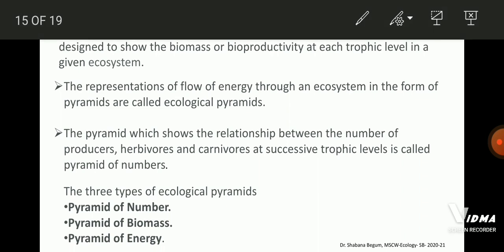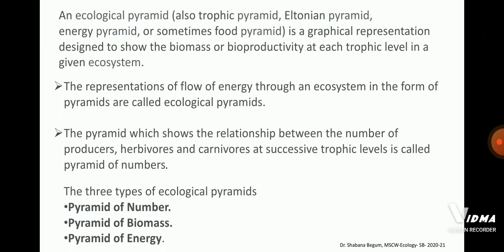The pyramid which shows the relationship between the number of producers, herbivores and carnivores at successive trophic levels is called the pyramid of numbers. They are also classified as upright pyramids, for example the pyramid of energy, and inverted pyramids, that is the pyramid of parasitic food chain.